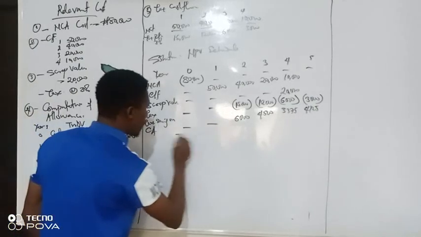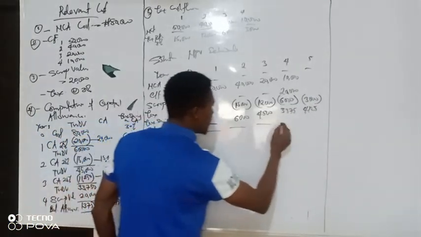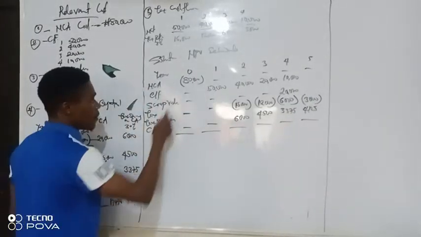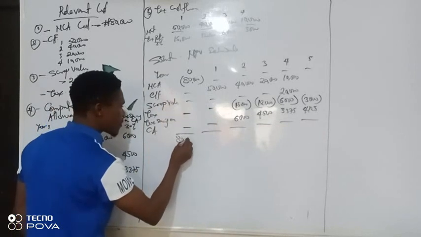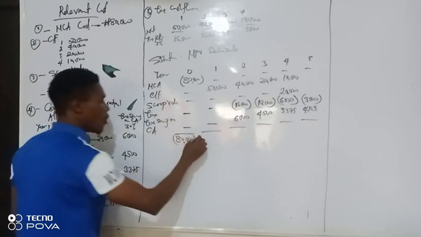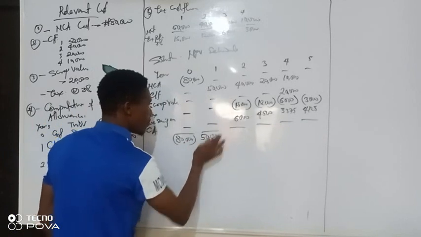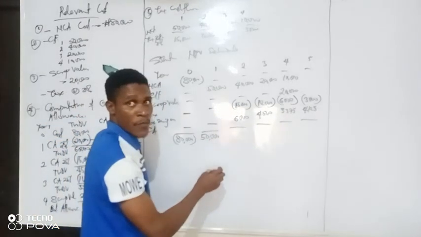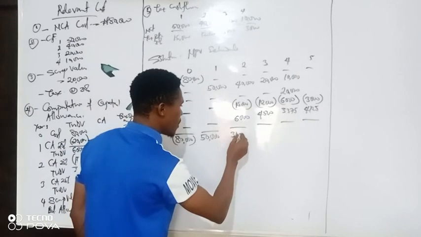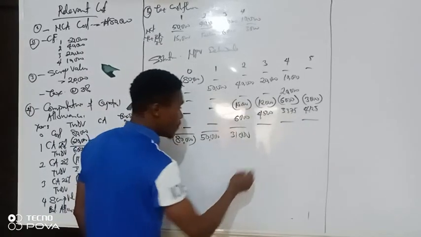Now we get our net outflow. This will be 80,000. This will be 50,000. 31,000 addition.